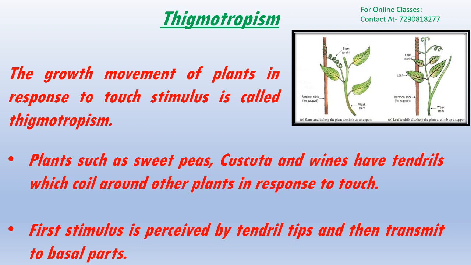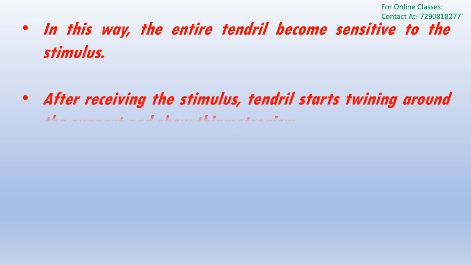First, the stimulus is perceived by the tendril tips and then transmitted to the basal parts. So, the entire tendril becomes sensitive to the stimulus. After receiving the stimulus, the tendrils start twining around the support and show thigmotropism.